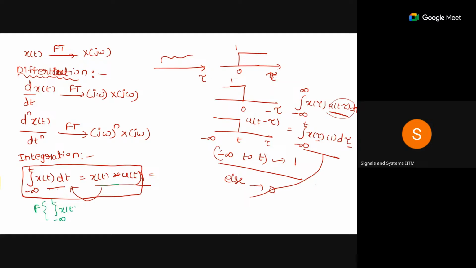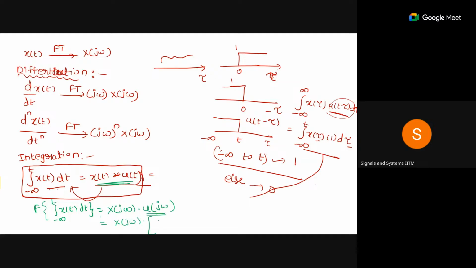One thing I have discussed is the convolution property: convolution of two signals in the time domain becomes, in the frequency domain, a multiplication. So it will be X of j omega multiplied with U of j omega.